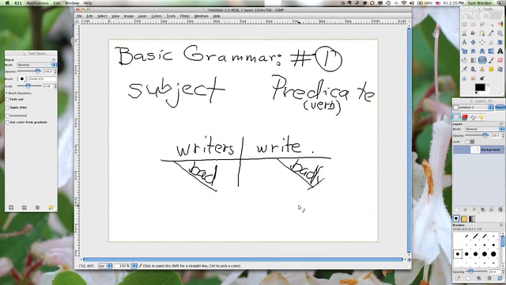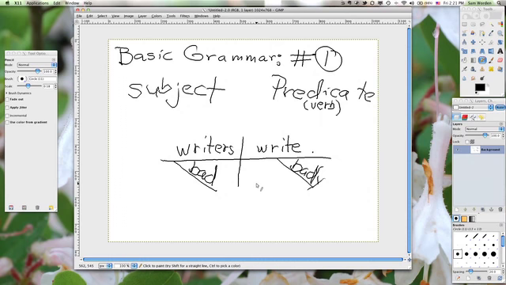You know, read that. Bad writers write badly. Badly is telling you how they write. Bad tells you who they are, or what they are. Now these modifiers always start and slant off to the right, and they hang off the word that they modify. It's a very visual, specific kind of thing. Tells you which word is which.